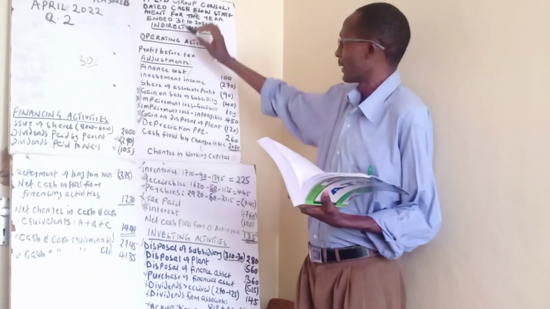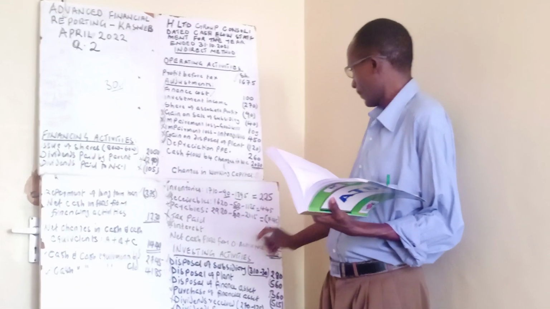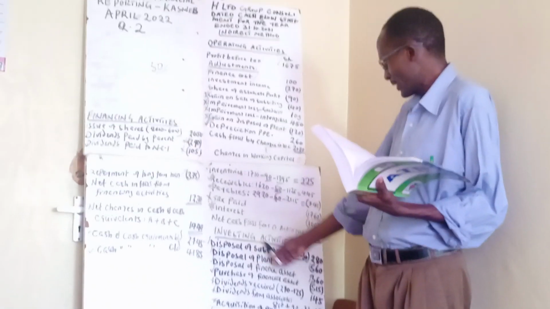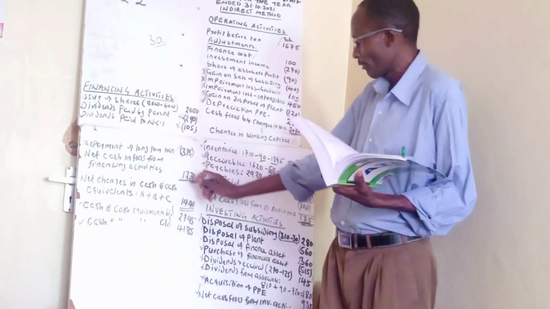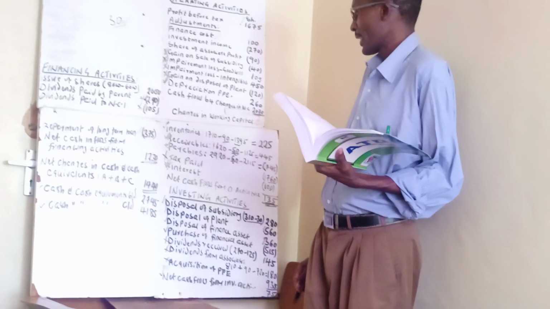So we are considering cash from operating activities. We got this figure here, 135. We add 75, which is cash flow from investing activities, and then the final figure here, 1230, cash inflow from financing activities.